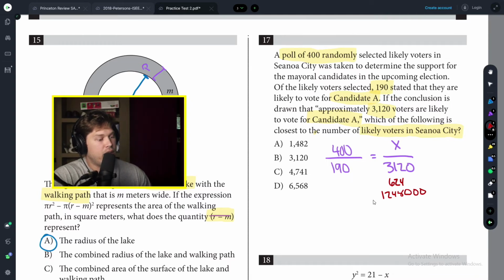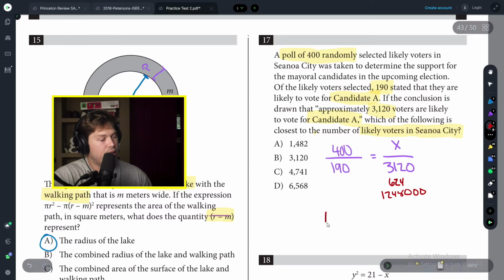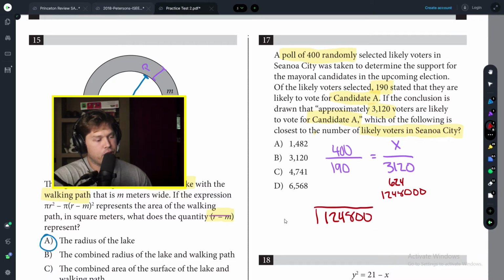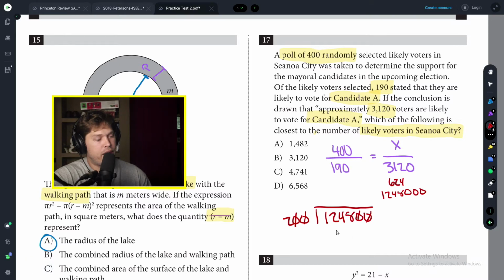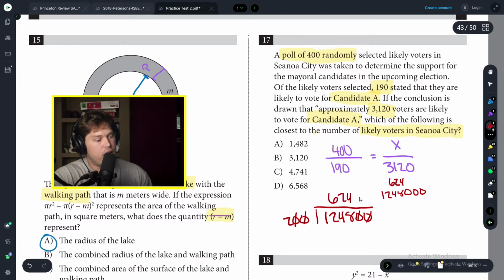Okay, and then we need to divide this big number by 190. However, I'm just going to divide by 200. I'm gonna estimate and divide by 200 instead of 190, as it's a little bit closer. And if we divide by 200, we will get 6,240.